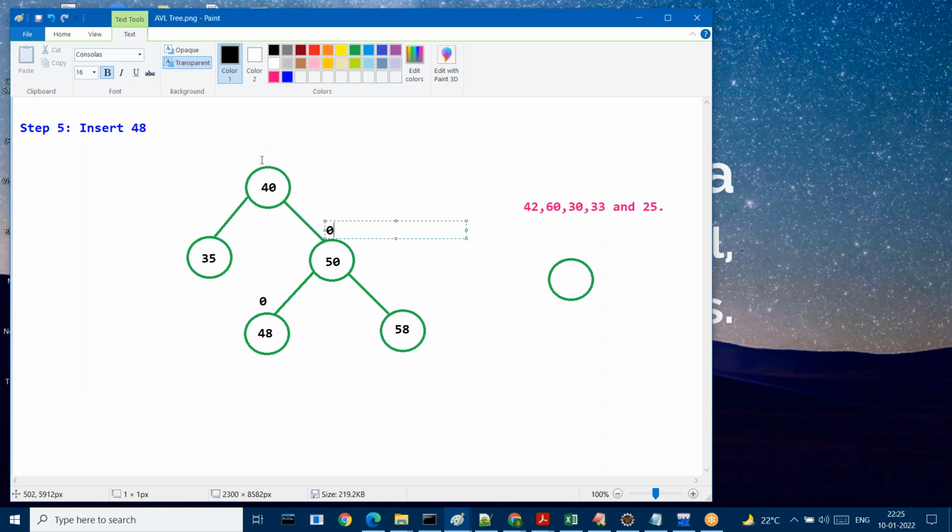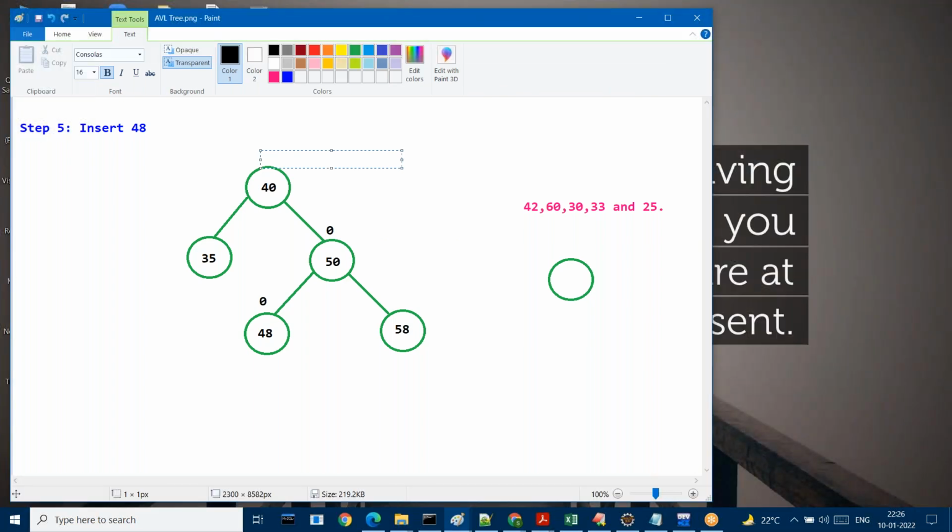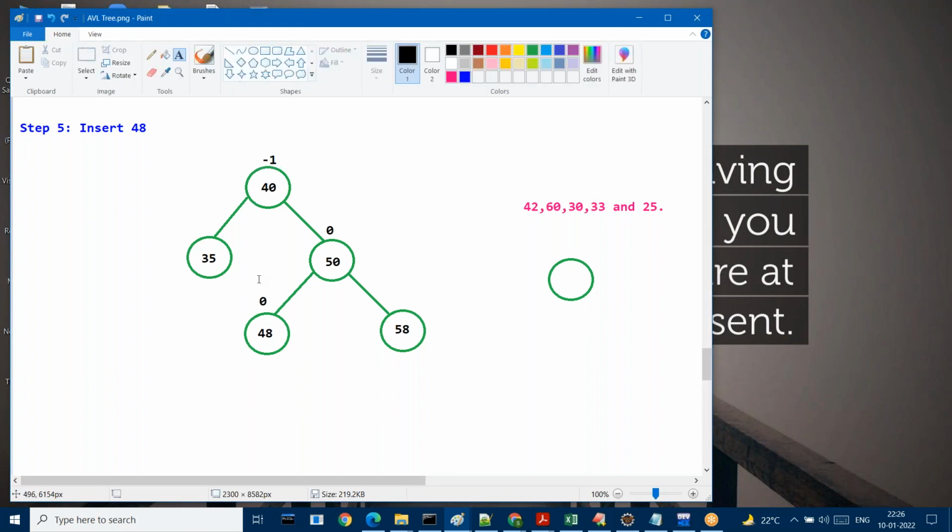Next, 40. -1. Good. Remaining need to be calculated? No need to calculate, sir. If you want, you can calculate. Today only 1, 2 nodes you can calculate. If there are more nodes, then not needed. Tree is balanced now, guys. Do I need to perform anything, sir? No, I don't need to perform anything.